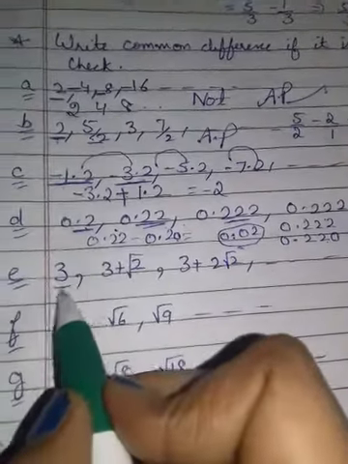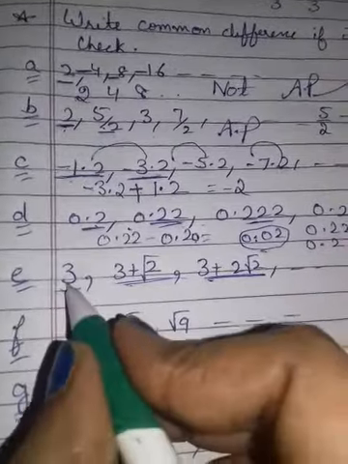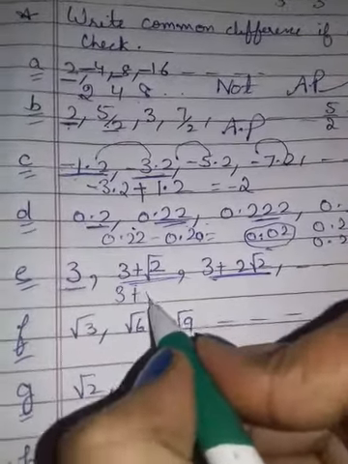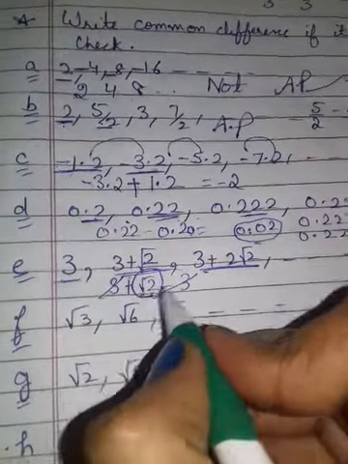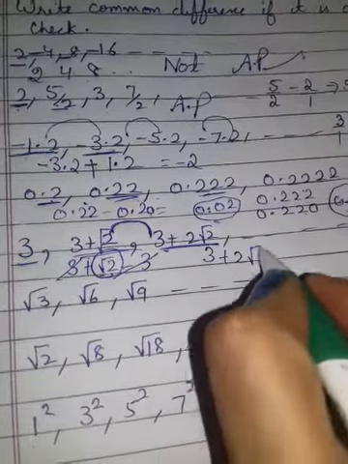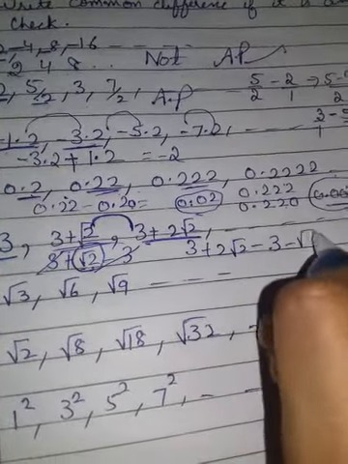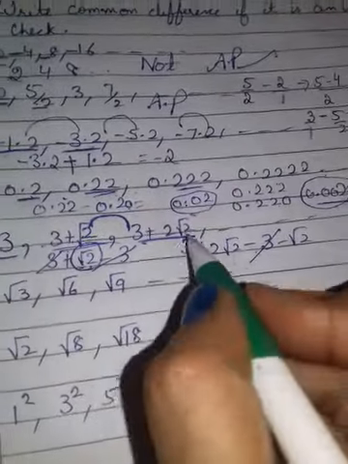Next, is it an AP? Yes. See, first term, second term. See the gap. 3 plus root 2 minus 3. The 3 will cancel. Only root 2 is here. Now see the gap between these two. 3 plus 2 root 2 and minus minus. You know the negative sign will change plus to minus.